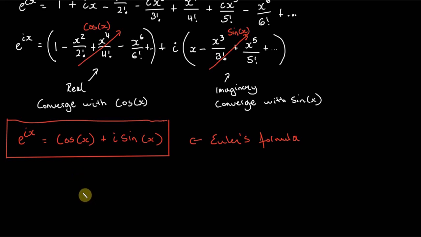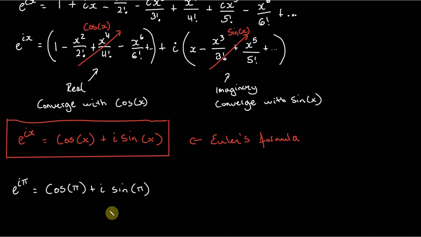In other words, we can now raise e to the power of i times pi, and the conclusion is truly magnificent. So let's do that. e to the power of i times pi. What does that leave us with? Well, equals cos of pi plus i sine pi.